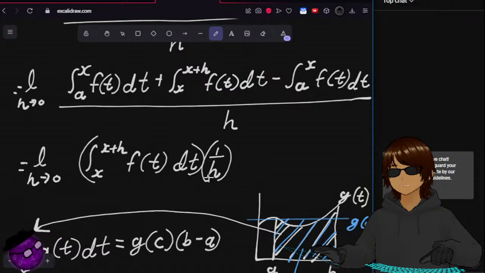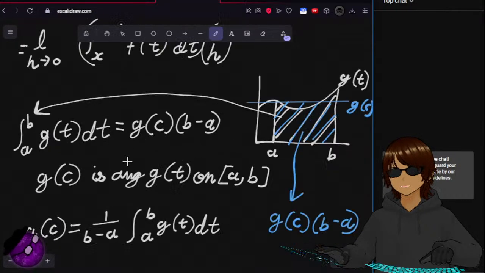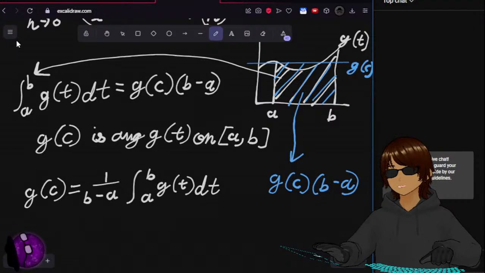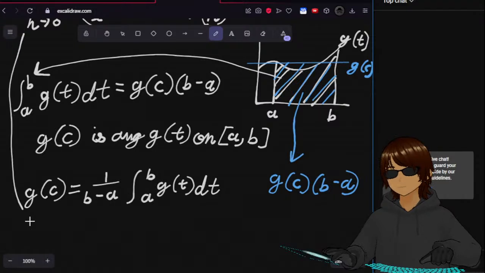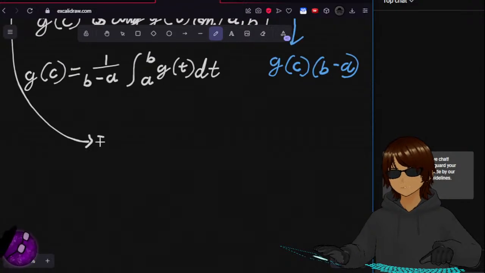So now going back to our limit over here, notice from x to x plus h, and we are dividing it by h. So the area over here divided by h, and this will give the average f of t between x and x plus h. So this over here is equal to limit the average.